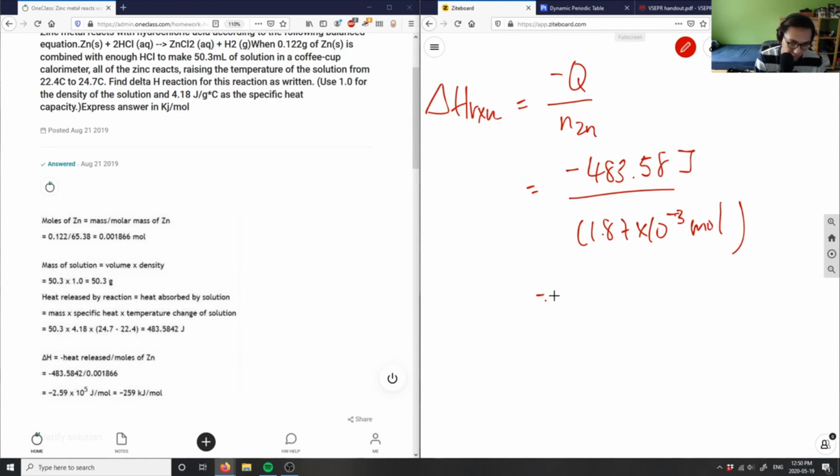Negative 483.58 divided by 1.87 times 10 to the negative 3.